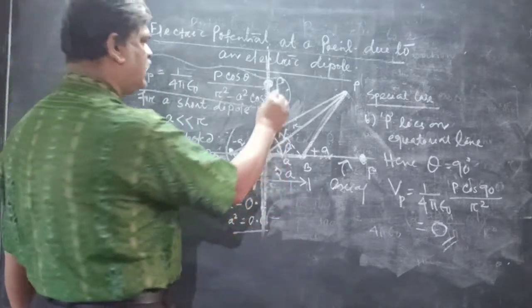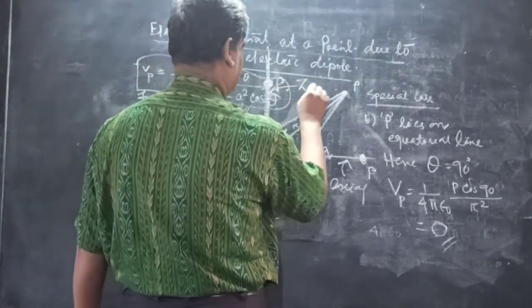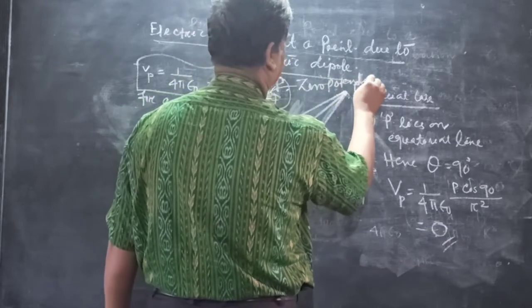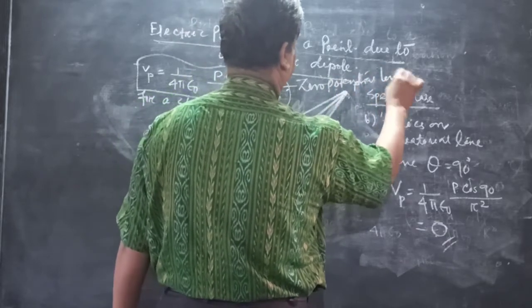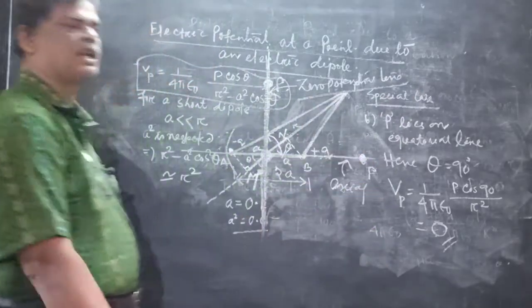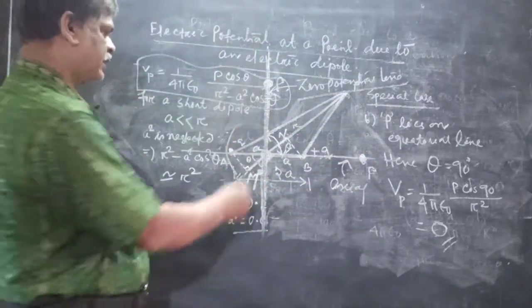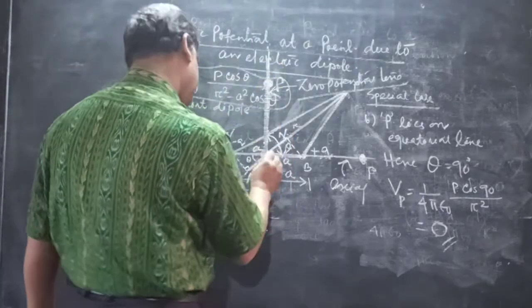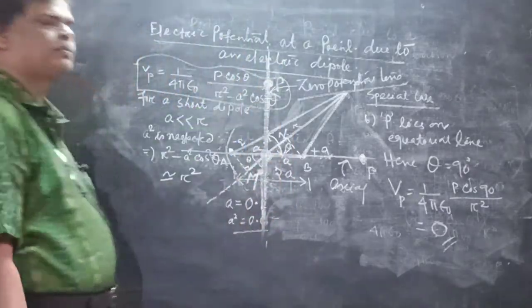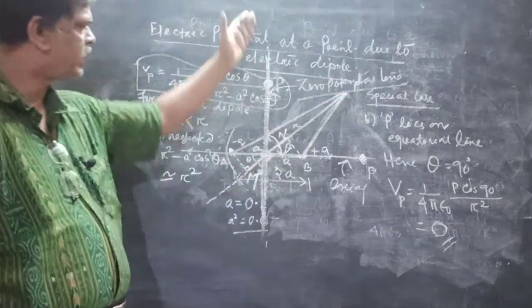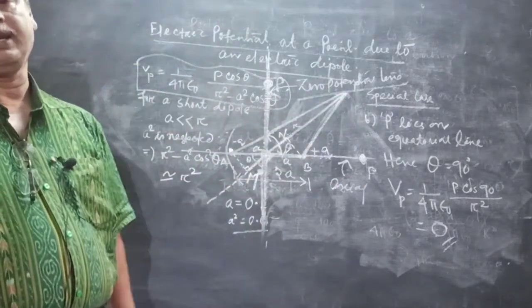So it is a 0 potential line. The equatorial line is a 0 potential line. Whatever may be the position of the point on the equatorial line, the potential is 0. So it is known as the 0 potential line.